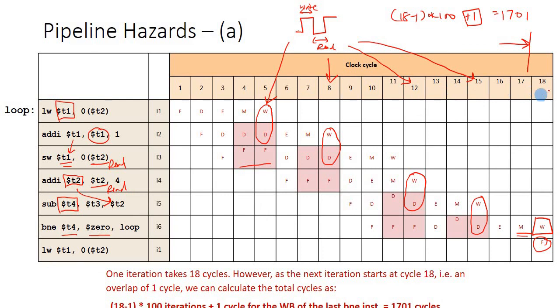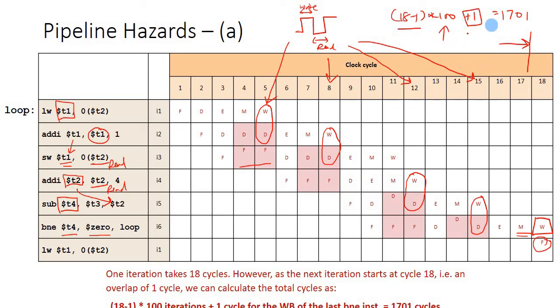Though you see it takes 18 clock cycles to complete this entire sequence, this 18 is inclusive of the overlap of the next iteration of the loop. Because it is looping 100 times, and there is one overlap for each loop, we can remove that for the number of times we do the loop. So we only need to calculate for 17 clock cycles for 100 iterations of the loop.